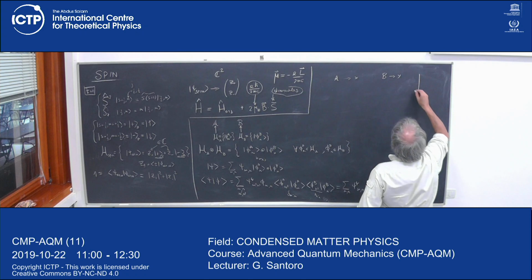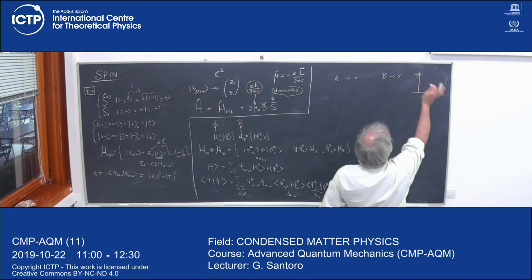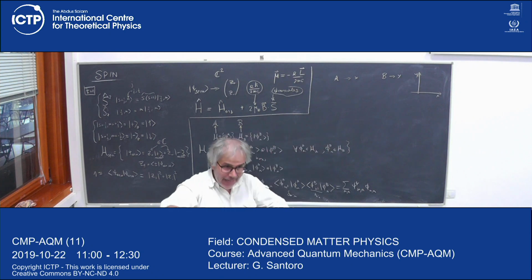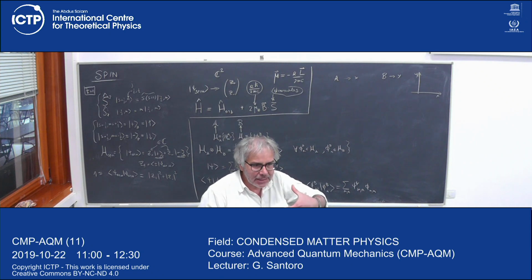After all, I want to describe a particle on the plane, so x and y. So the wave functions are functions of x and y, but I can view somehow the functions of x and y as obtained from function of x and function of y, right?